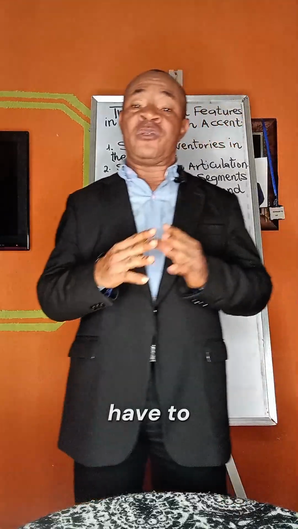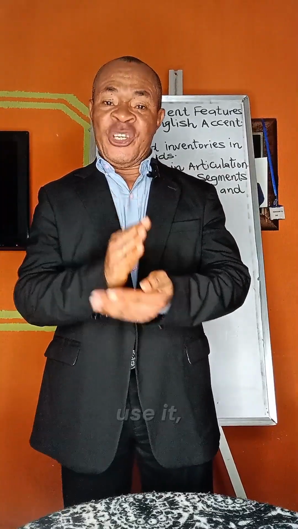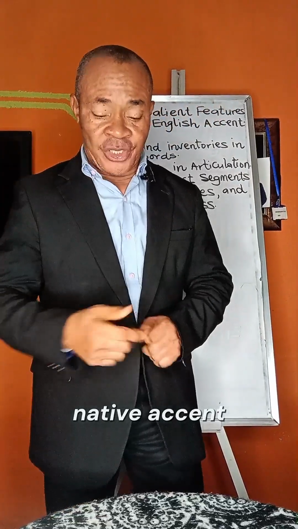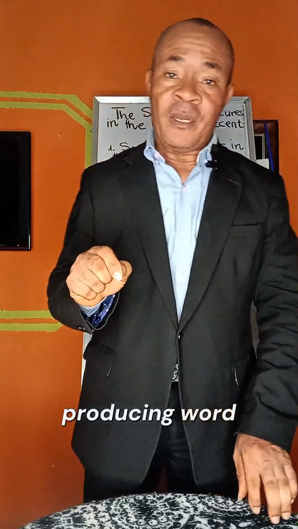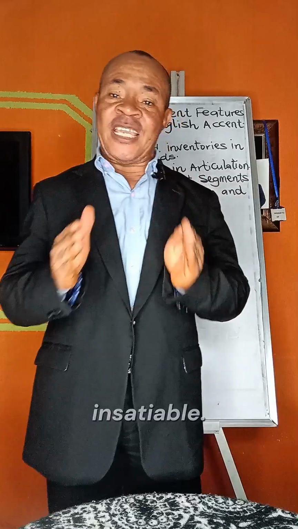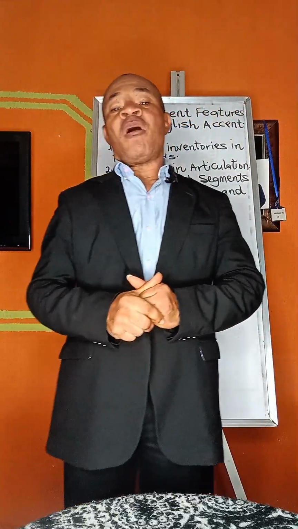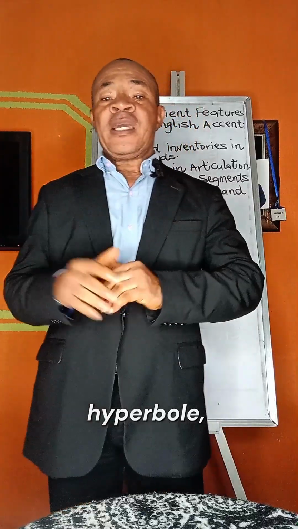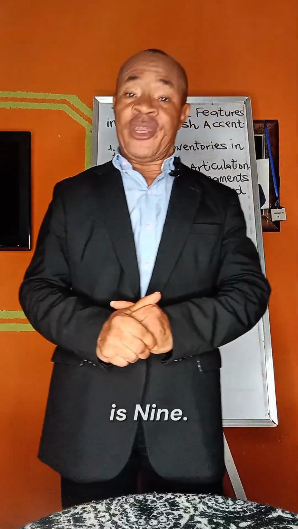So we have to look at the English phonological rules, follow them, and achieve exactly the native accent that the English people use in producing the language. So we talk about the word insatiable. The next one is hyperbole. And the third, the last one, is nine.